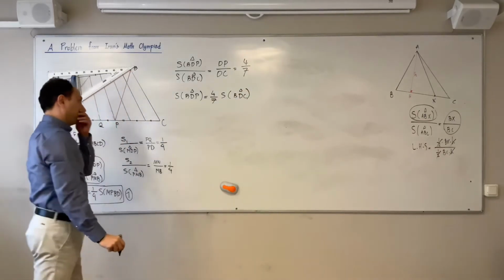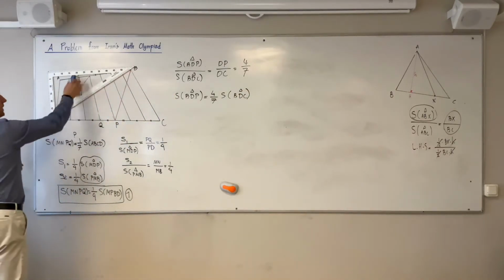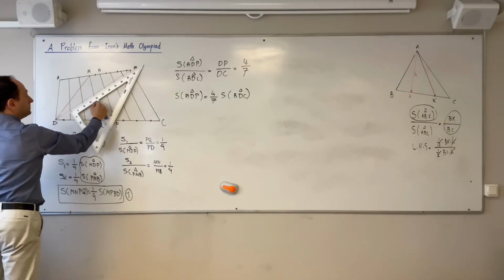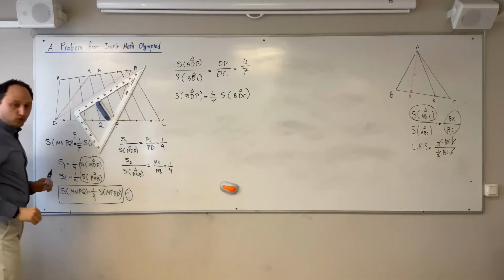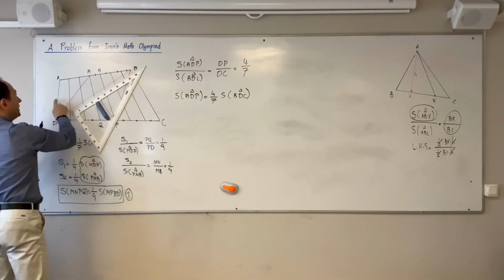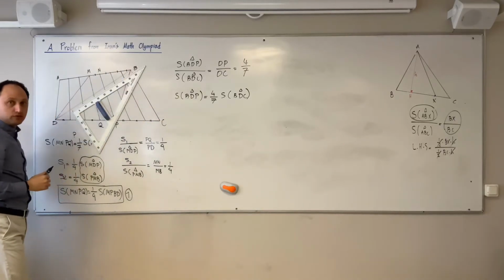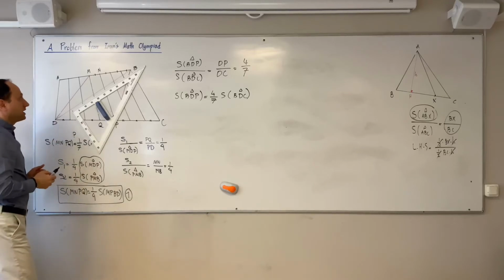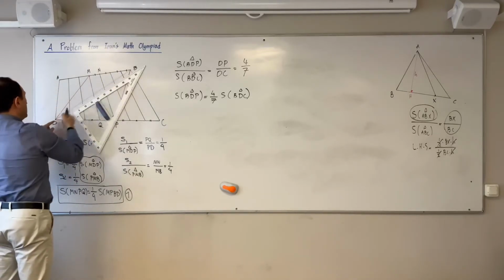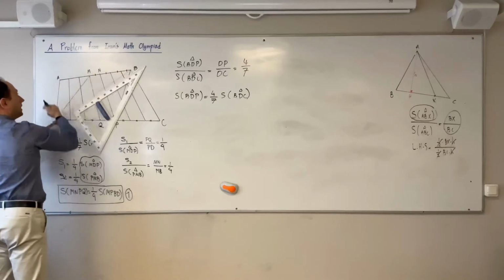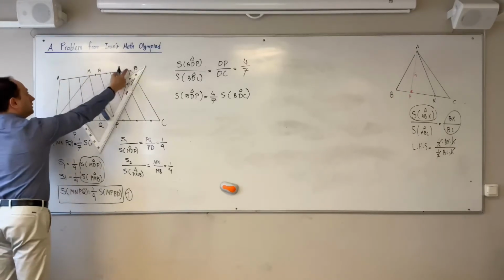Now we can ignore everything below, and just concentrate here and repeat the argument. I don't want to write it more because it's exactly the same thing. You consider this bigger triangle and this triangle here.